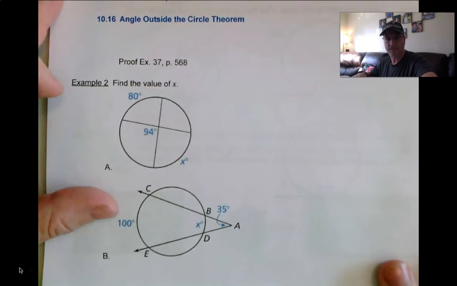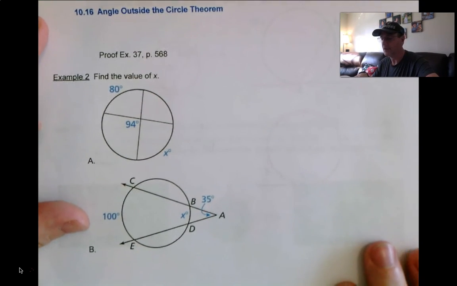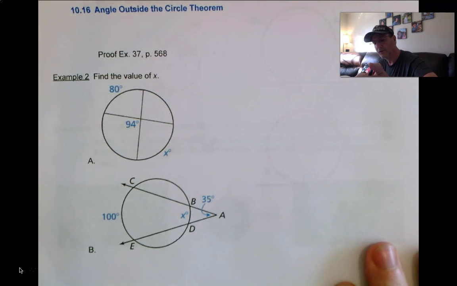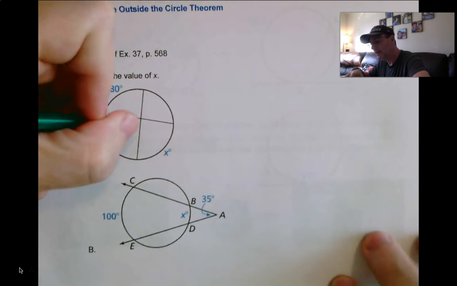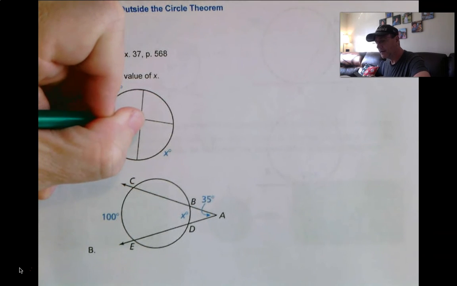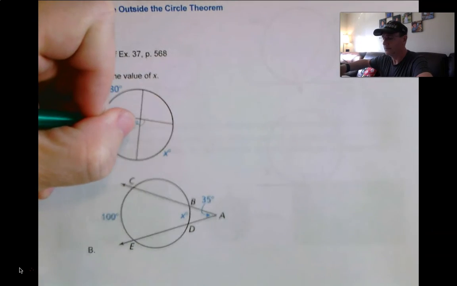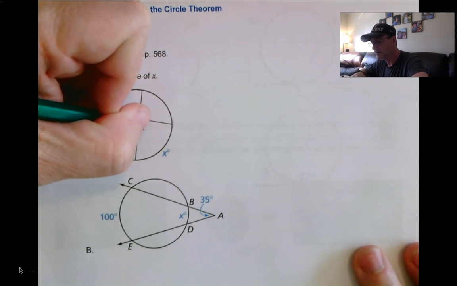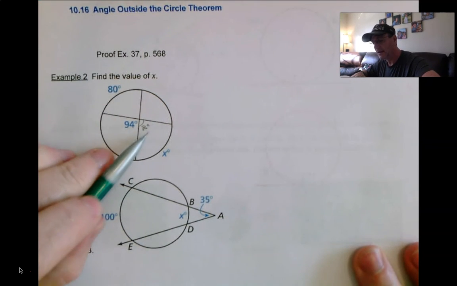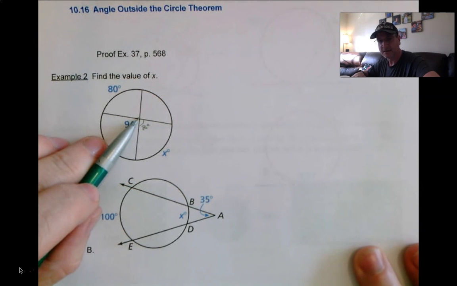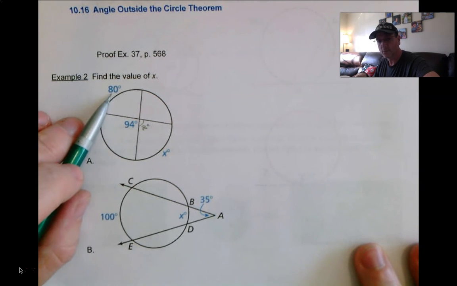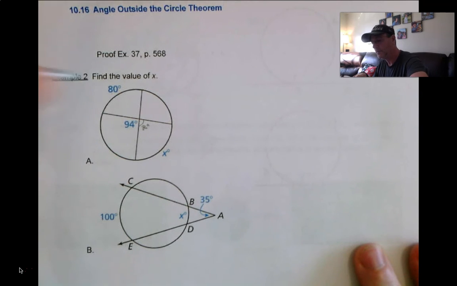All right, so example 2, find the value of x. So if this is 94 degrees, then this angle here is going to be 180 minus 94. 180 minus 94 is 86 degrees. And this angle, because it's intersecting inside of the circle, is equal to x plus 80 divided by 2.